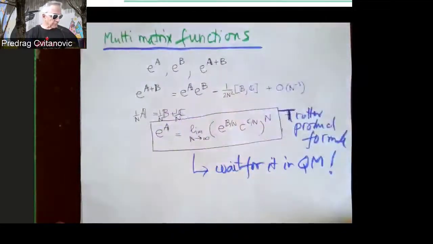And we get a formula in which we can express the exponential of the sum of two matrices as a limit very much like the Euler formula we know from before for computing rates.